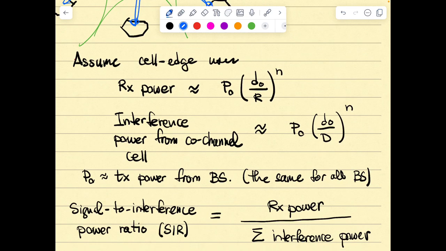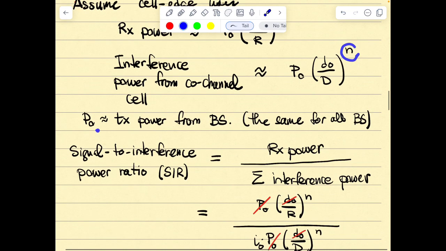The interference from a co-channel cell can be approximated as P0, the power at the distance D0, multiplied by D0 divided by D, where D is the distance to the co-channel cell, raised to the power of n. P0 is approximately the transmit power from the base station. Let's assume that all the base stations have the same transmit power.